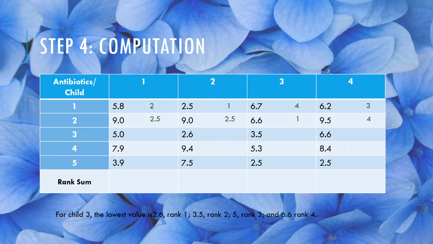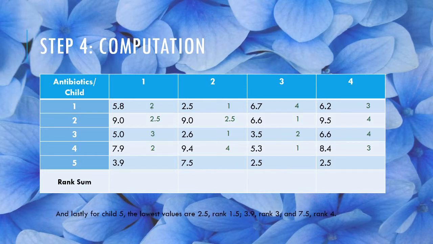For child 3, we have the lowest value of 2.6, so that is rank 1, followed by 3.5 as rank 2, then 5.0 as rank 3, and then 6.6 as rank 4. For child 4, we have 5.3 as rank 1, followed by 7.9 as rank 2, then 8.4 as rank 3, and then we have 9.4 as rank 4.